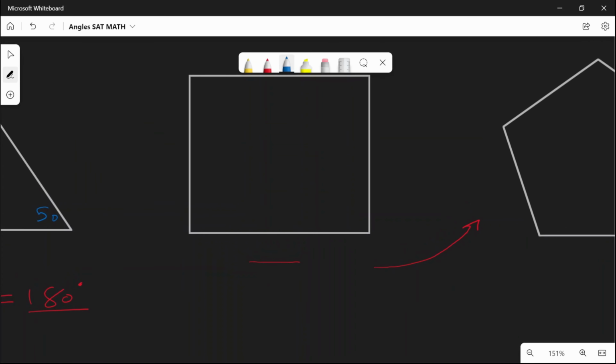Now what about a square? A square or a rectangle has 4 angles that are equal in measurement, and they have a value of 90 degrees. So a square or a rectangle has 4 right angles, and a right angle has a value of 90 degrees.